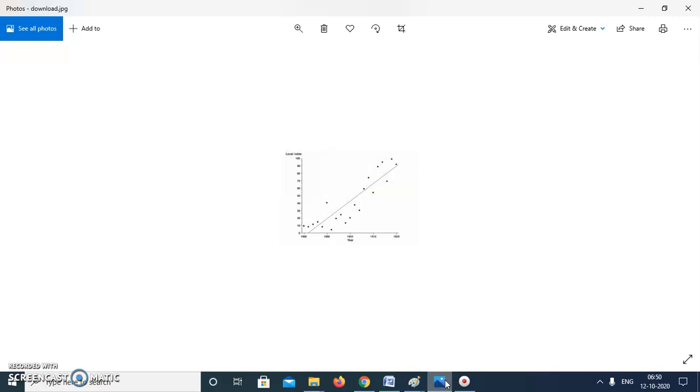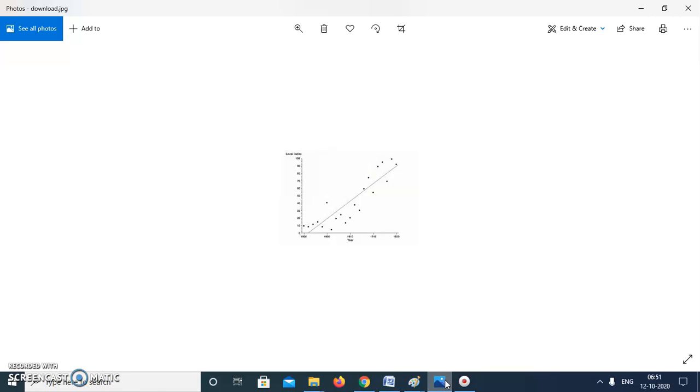If we want to predict, we find the equation of the straight line passing through these points, which is in the form y = mx + c, which we have already studied in the coordinate geometry chapter in class 12. So y = mx + c, where m is slope and c is intercept.